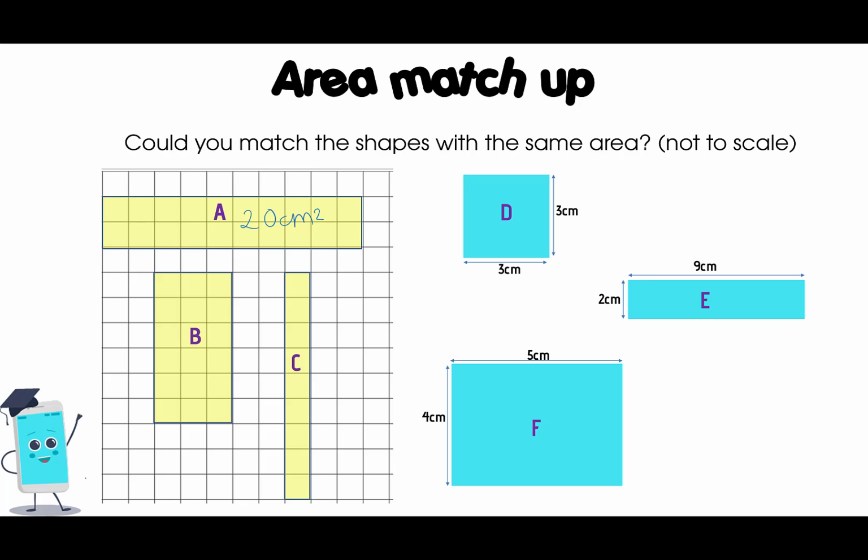B, we have 1, 2, 3 in a row, 1, 2, 3, 4, 5, 6 in a column, which means it's 3, 6, 9, 12, 15, 18 centimetres square. And for C, we have 1, 2, 3, 4, 5, 6, 7, 8, 9. We have 9 centimetres square.